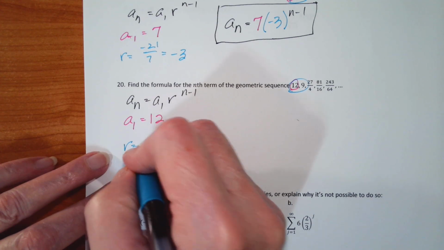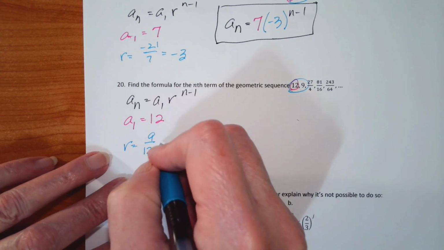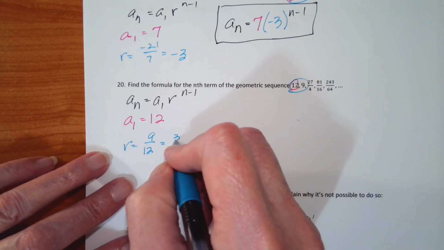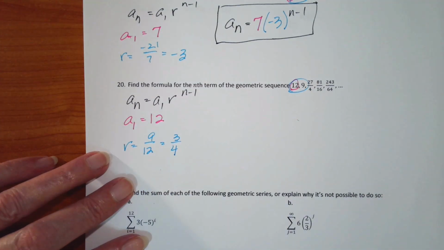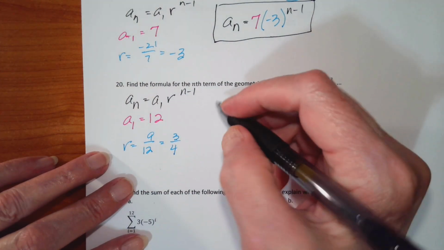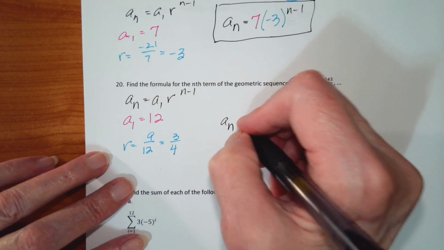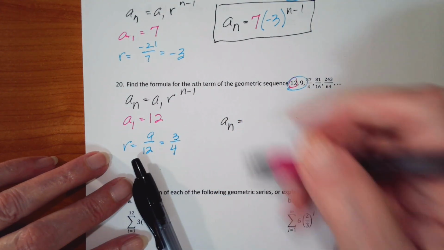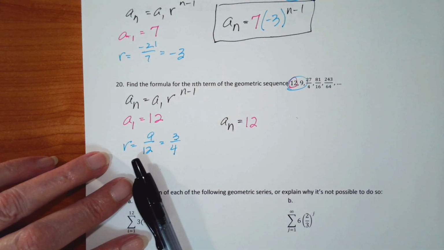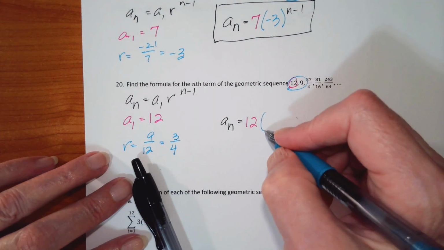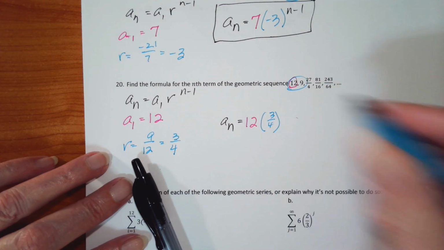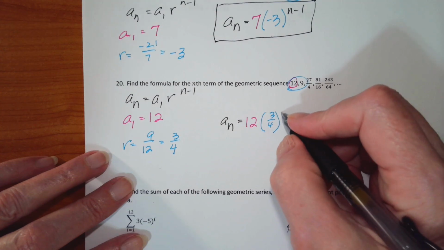So r is equal to 9 divided by 12, which is 3/4. So I'm good to go. So a sub n is equal to a sub 1 times 3/4 to the n minus 1.